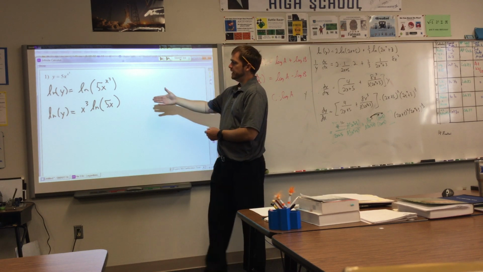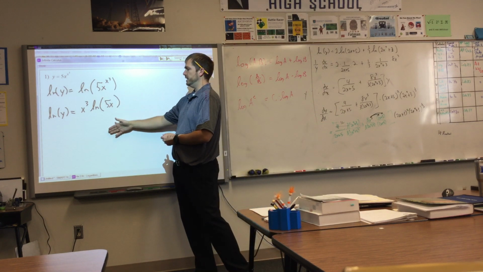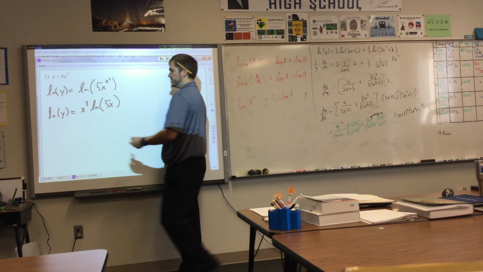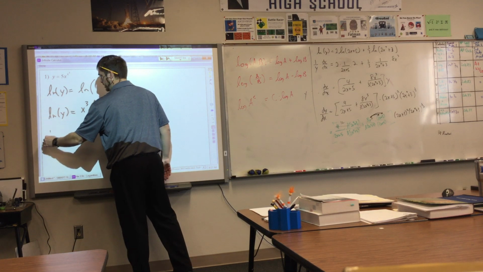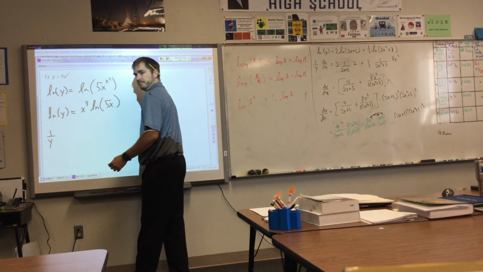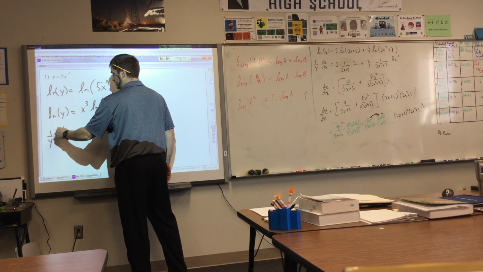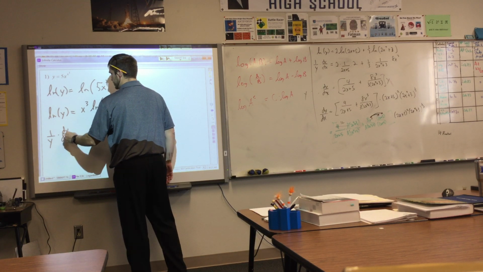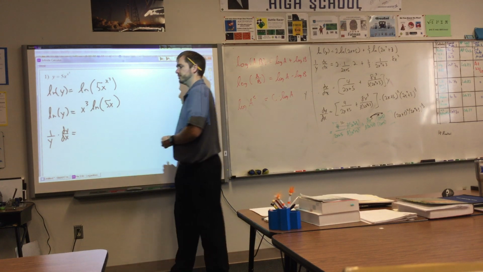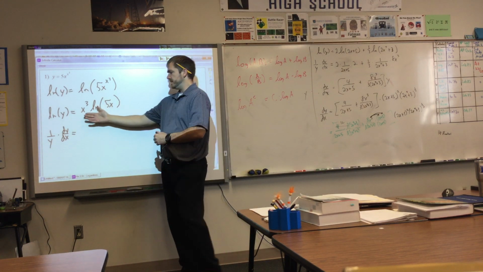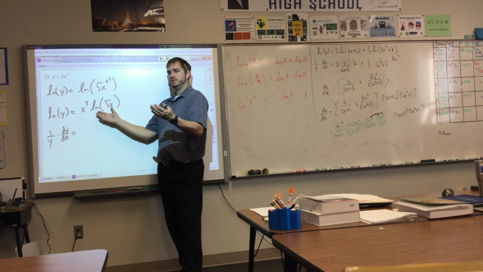Alright, now let's go ahead and take the derivative of both sides. The derivative of ln y is going to be 1 over y times the derivative of the inside, so the derivative of y is dy over dx. When you think about taking the derivative of this over here, what comes to your mind, class?